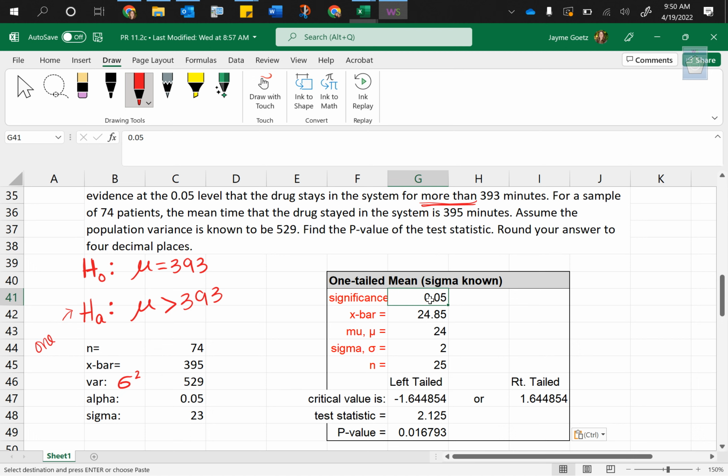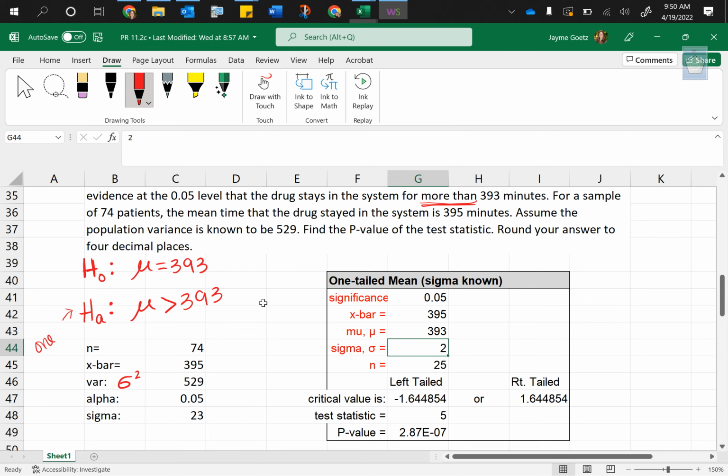My alpha, my significance level, we said was 0.05. What is my X bar for this problem? 395, very good. What is my mu? 393. Now, sigma, you can do one of two things here. You already have sigma figured out, and it's a really nice number, so you could just do a cell reference or equals 23.